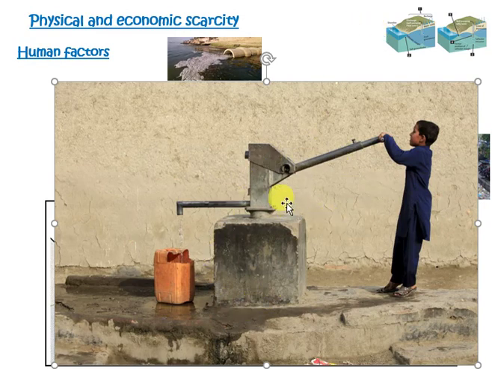So, these wells, most of them aren't actually government funded and government regulated. They're illegal, but people want to access a water supply. They build their own pumps, their own wells in the villages, but the water table is falling.